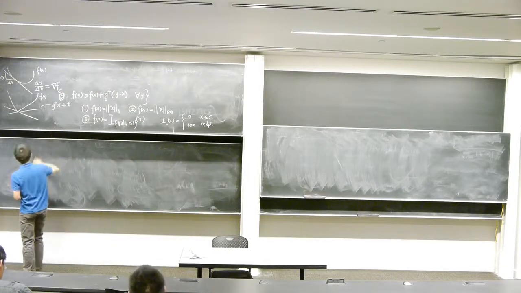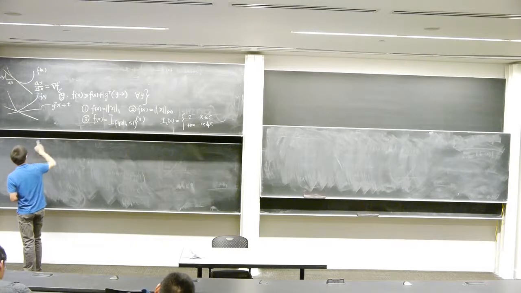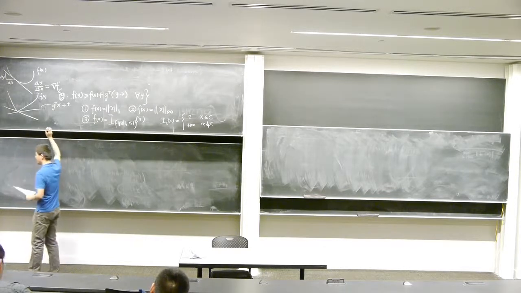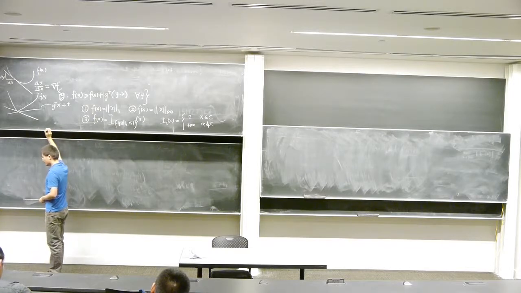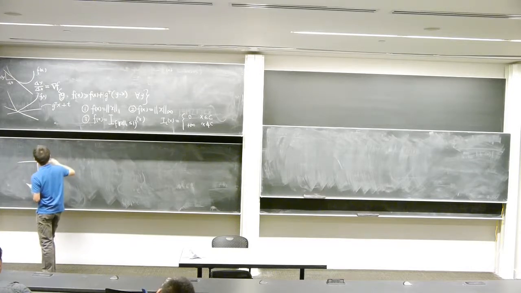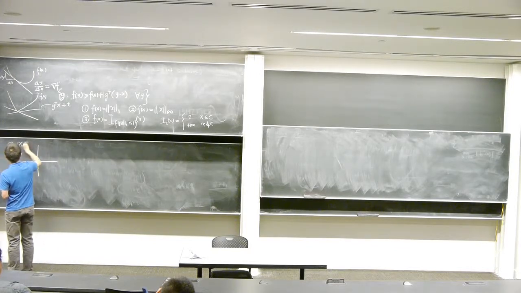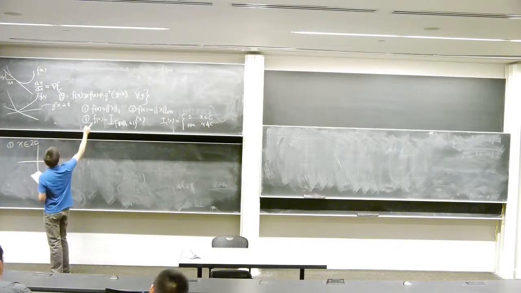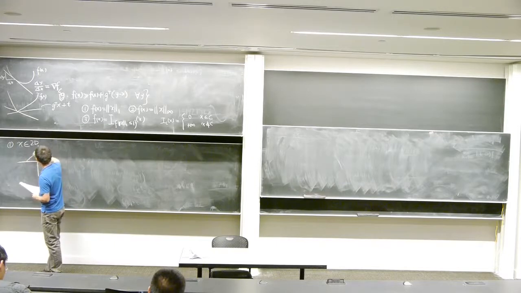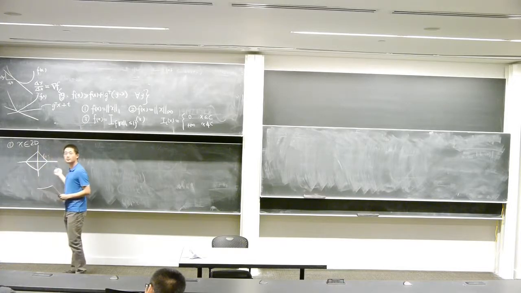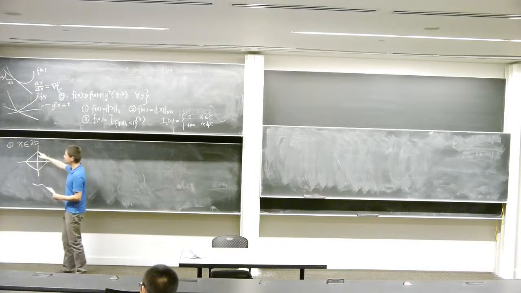For the first function, if I draw the level map in two dimensions, so x belongs to 2D, and this is the level map for f equals 1, for example, you call this shape.